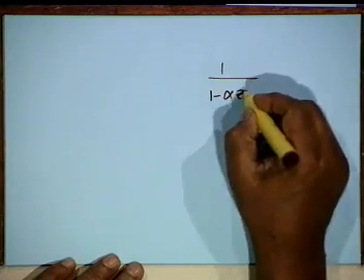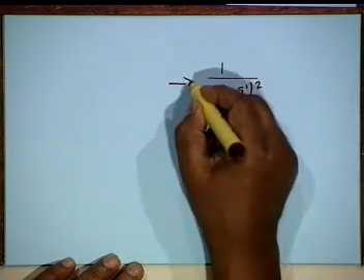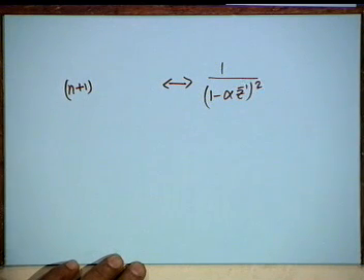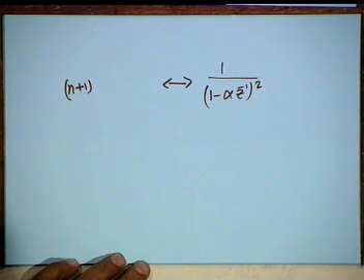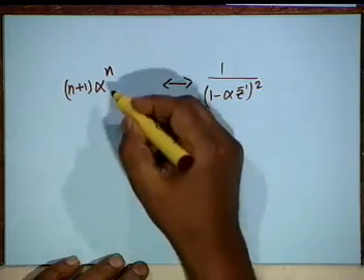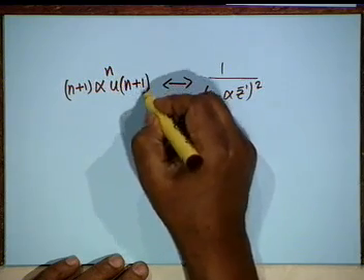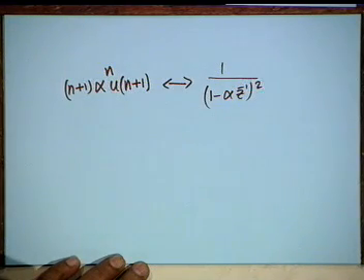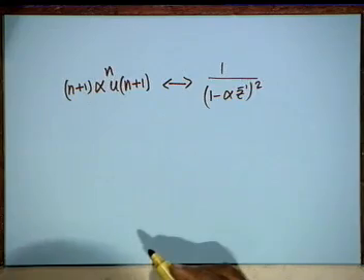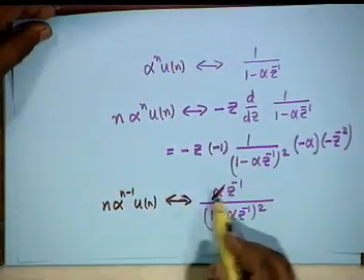For 1 minus alpha z inverse whole squared, this would be n plus 1 instead of n. If the multiplier was z, then I would have had n minus 1. Agreed? So n plus 1 alpha to the n, then u(n plus 1). Alpha to the n, because I had alpha to the n minus 1; in the right hand side I had an alpha which I had brought to the left hand side.